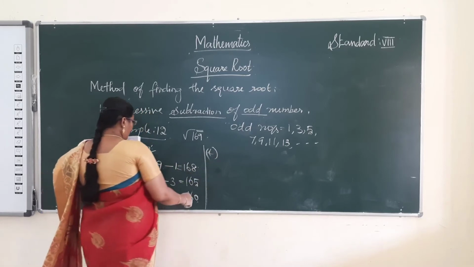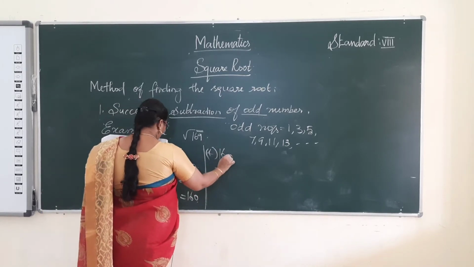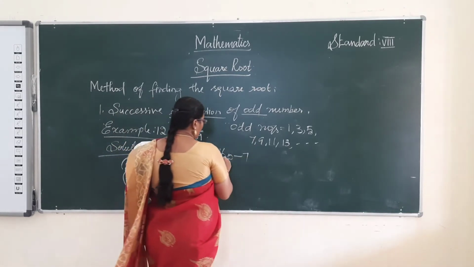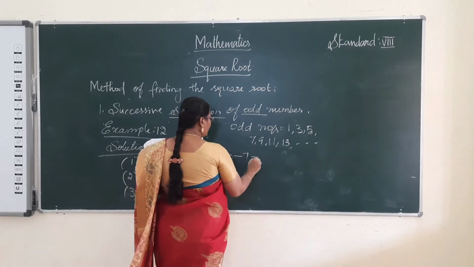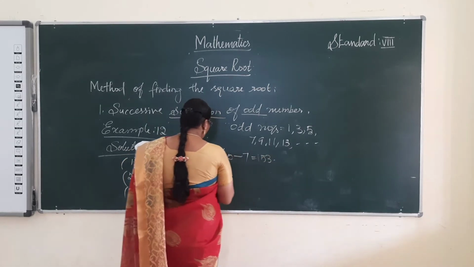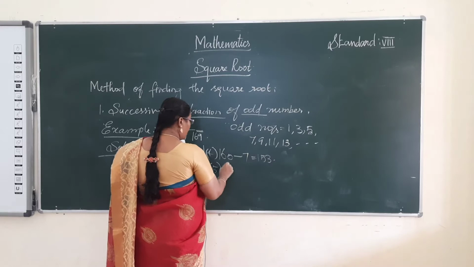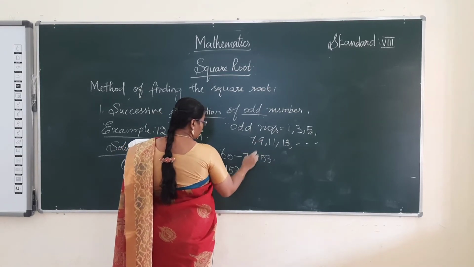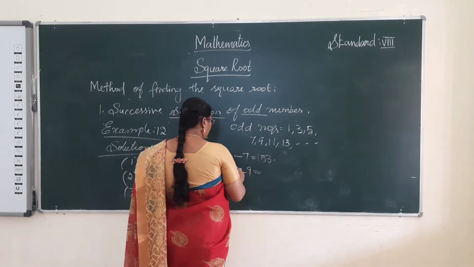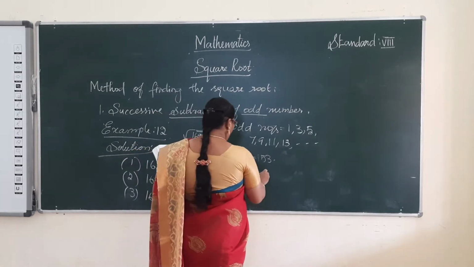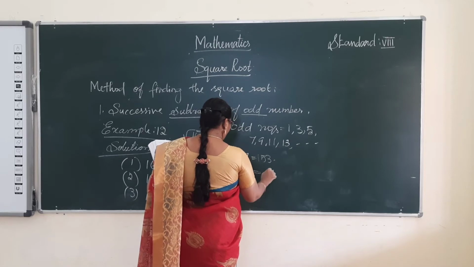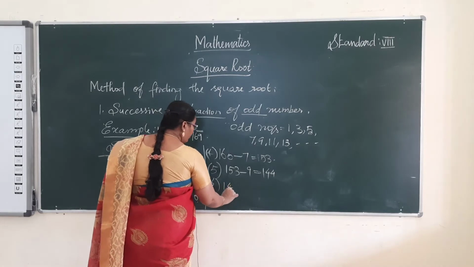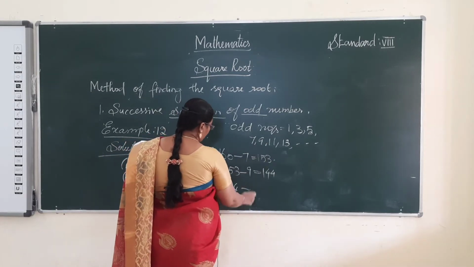Fourth time, 160 minus the next odd number 7. What do we get? 153. Fifth one, 153 minus the fifth odd number 9. We get 144. Sixth time, 144 minus 11.